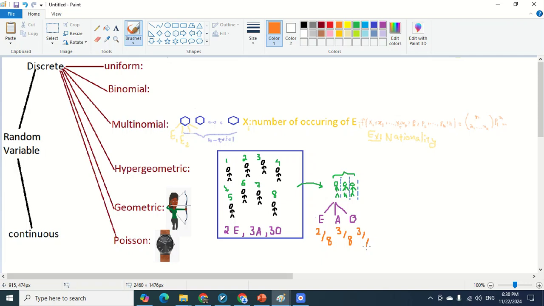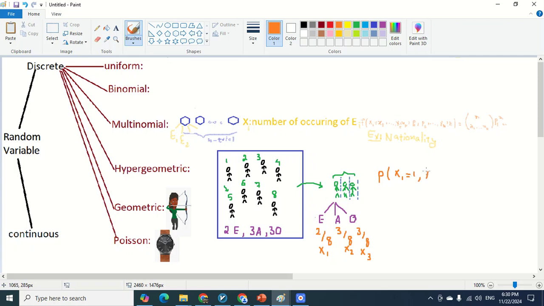To calculate this probability, we denote the number of European students by x1, the number of Asian students by x2, and the other nationality by x3. So we are looking for the probability of x1 equal to 1, x2 equal to 1, and x3 equal to 1 as well.